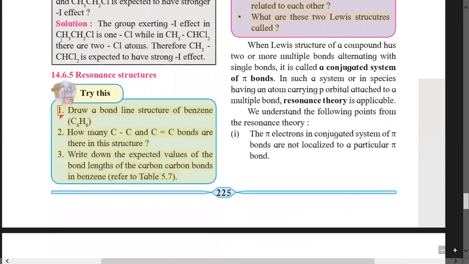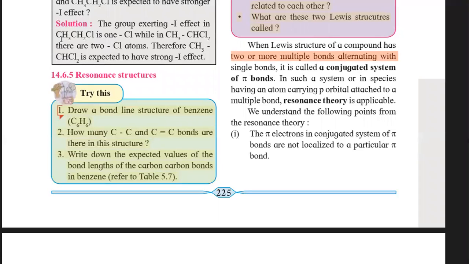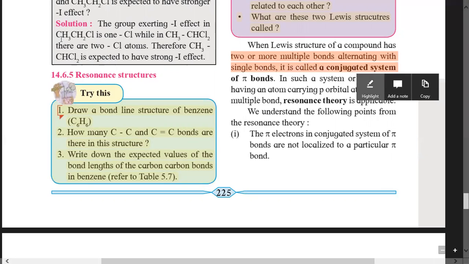So when the Lewis structure of a compound has 2 or more multiple bonds alternating with single bonds, then it is called a conjugated system of pi bonds.